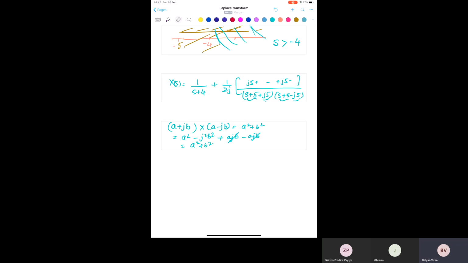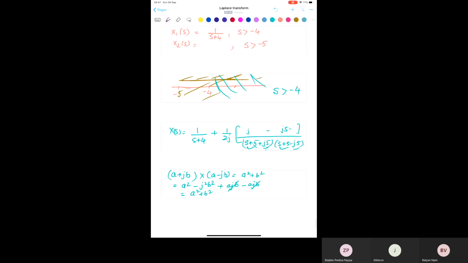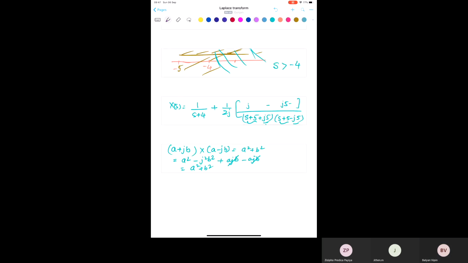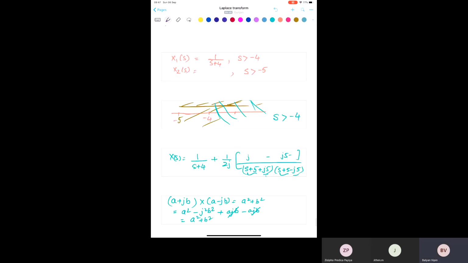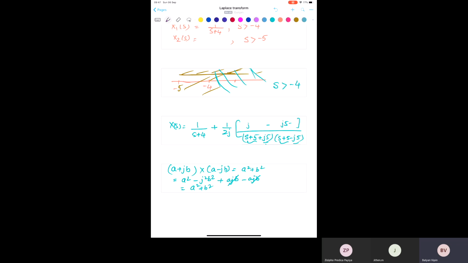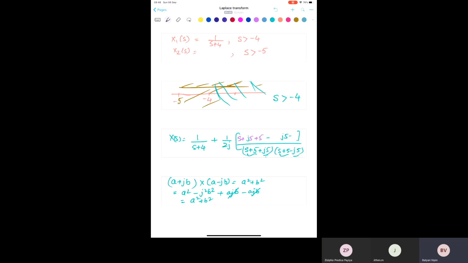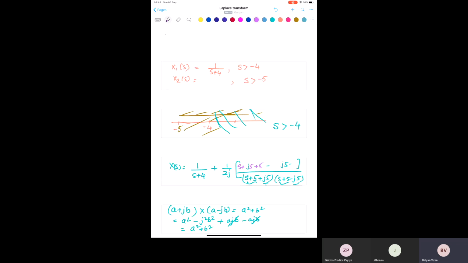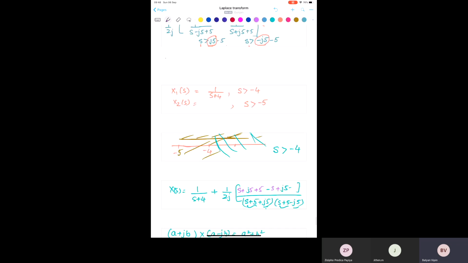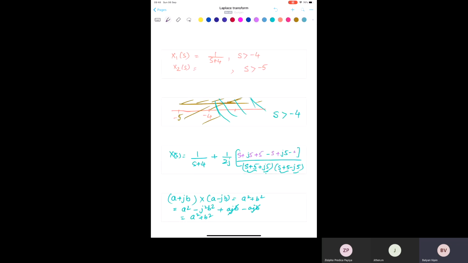What is left is (s plus j5) minus (s plus j5) minus j5 minus 5.